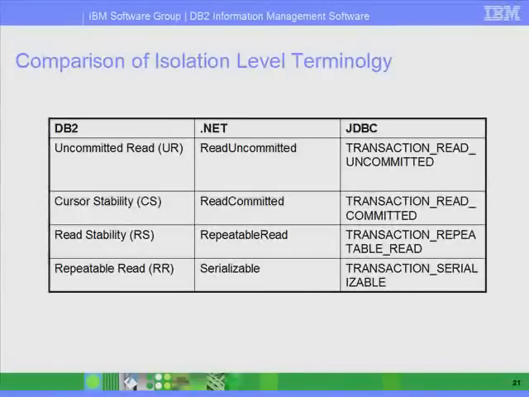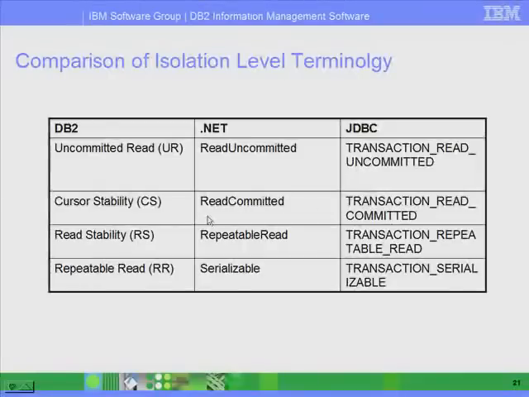Now you can set, as mentioned before, the isolation level at the application. So this is an example where if you're using JDBC, you will set a property in the JDBC application for the different isolation levels. If you set a property in JDBC for transaction read uncommitted, then when it reaches DB2, it will be translated to uncommitted read.